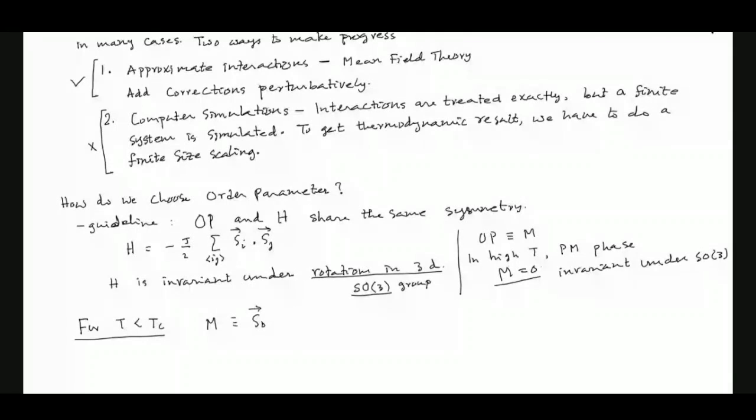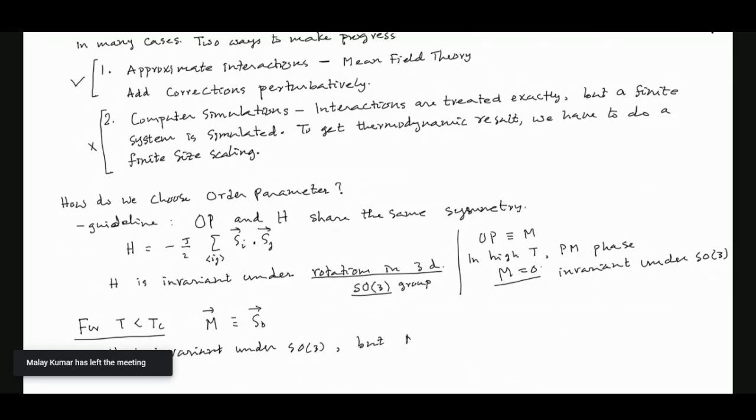So for T less than Tc, the Hamiltonian is invariant under SO3, but the order parameter, the magnetization, is not invariant under SO3 because there is a specific direction now.